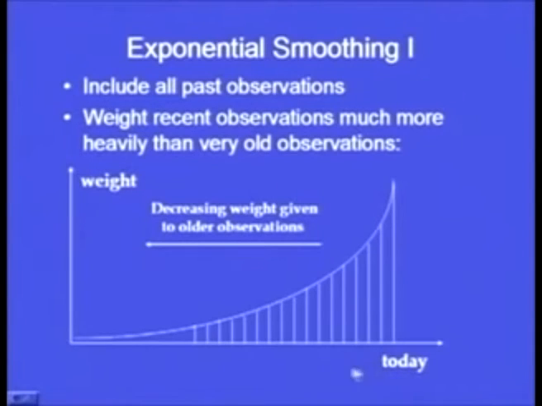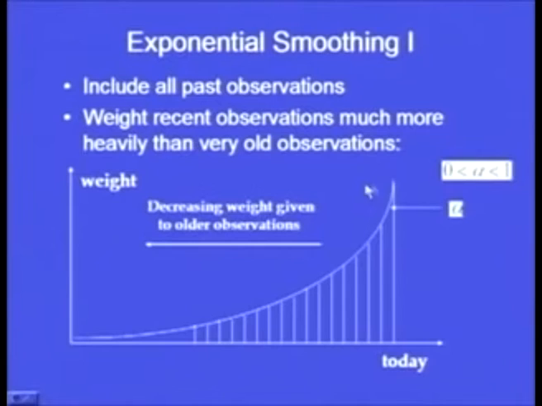So the older observations in this direction, suppose this is 10 days or 10 months before the actual day. Now this is the actual day and the 10th data is given minimum weight and the latest data is given the maximum weight. This was also used in the weighted moving average, but there the weights were assumed by us which may be wrong also, but here the variation is an exponential variation.